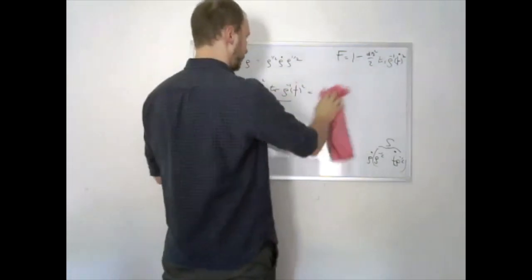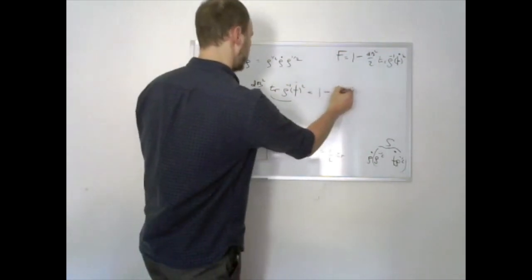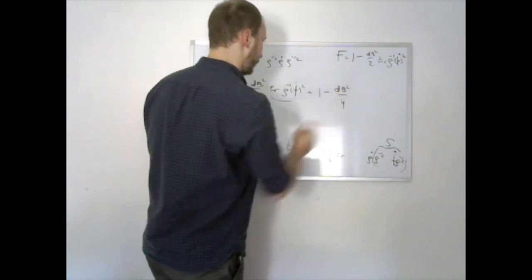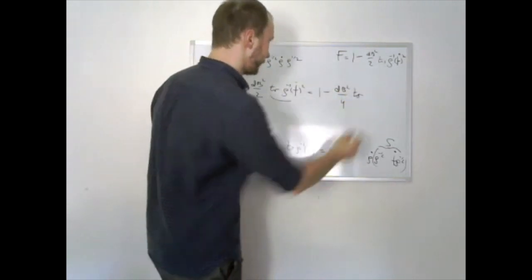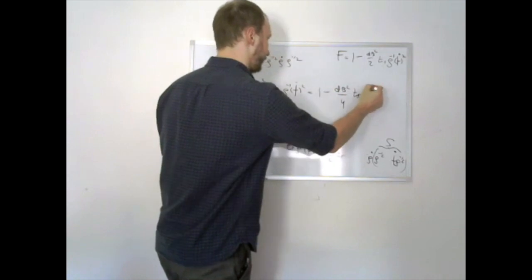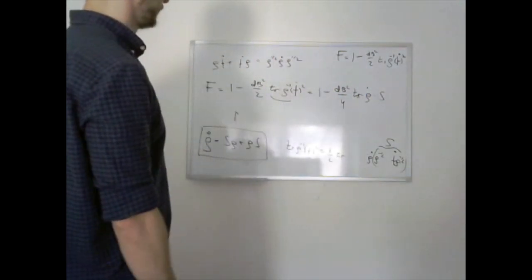So if we put everything together, then we get 1 minus dv square over 4 trace of rho dot times S. Okay, and this is actually a nice way to compute the Fisher information.